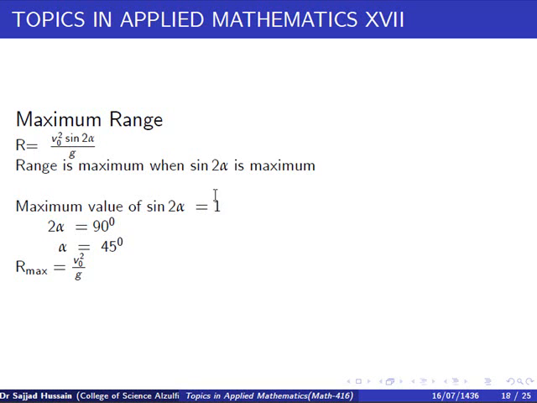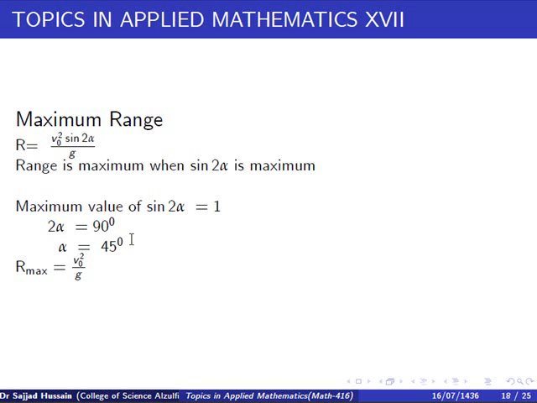Sin 2 alpha is equal to 1, then the angle 2 alpha is 90 degrees and alpha is equal to 45 degrees, dividing by 2.